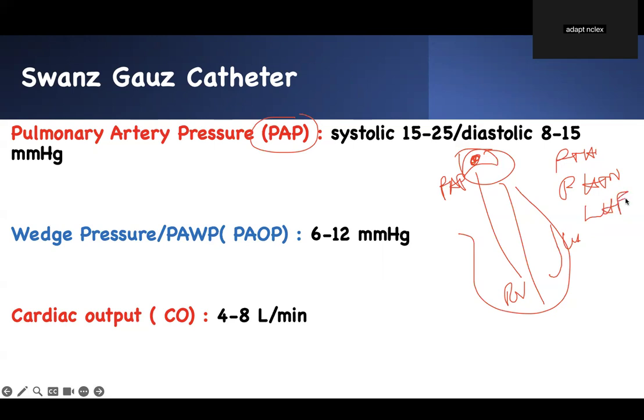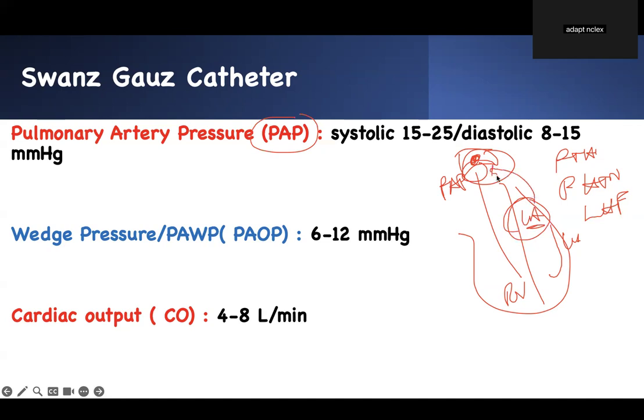Next one is the wedge. This is the true pressure, right? The wedge pressure is different from the PAP. This is actually the wedge, and it reflects the left atrial pressure, not the lung, right? Which is the preload of the ventricle. The left ventricle that gets filled always depends on the left atrial pressure. And this left atrial pressure also depends on what?